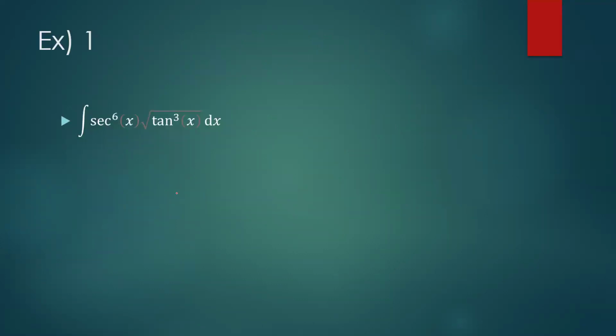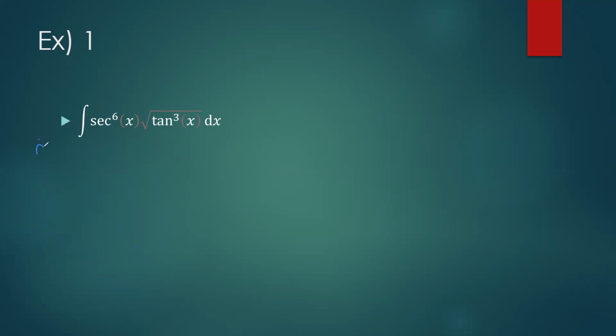Okay, so let's just start with an example. We have to integrate secant to the 6th of x times the square root of tan cubed x dx. What I would do first is, do you see the square root of tan cubed x? Maybe I should write it out as a power.